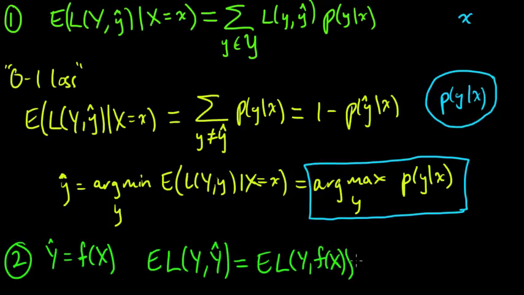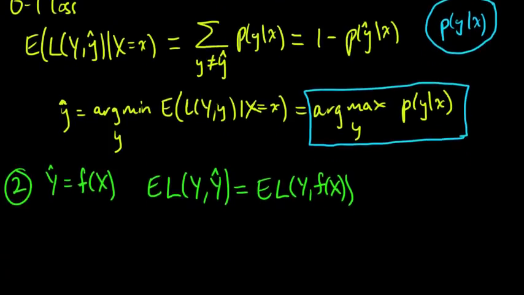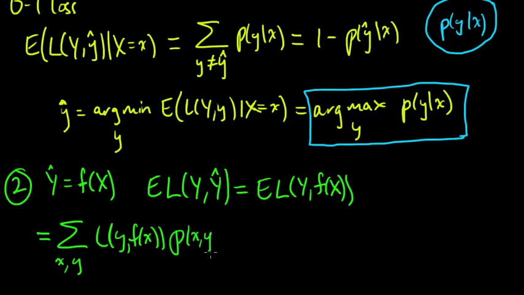So we're taking the expectation over x and y. We'll just write out the expectation of this loss function. Since we're assuming these are discrete for now at least, we can just sum over all the x's and y's, and this is the loss of y with f of x times the probability that x and y take those values.